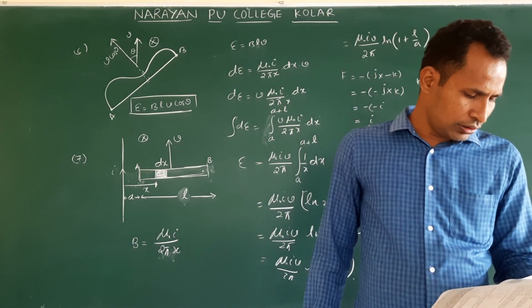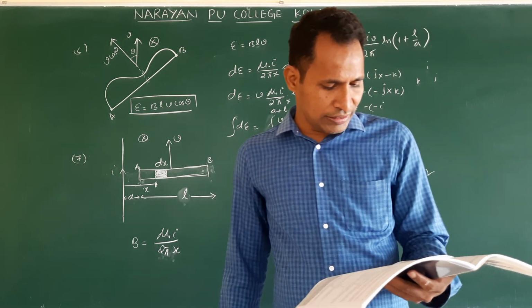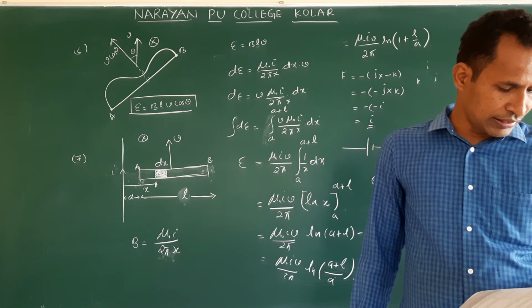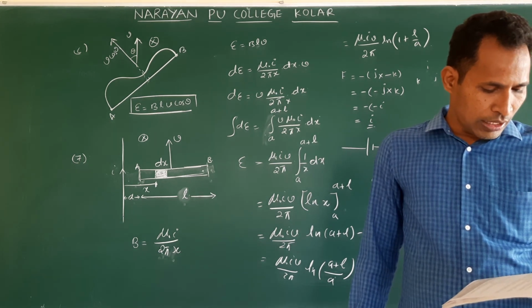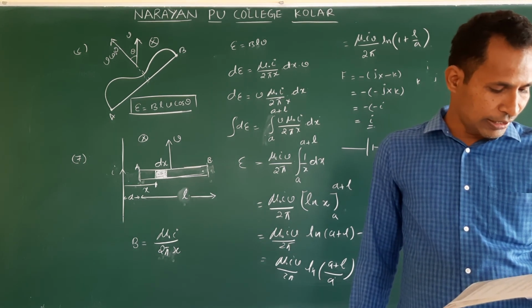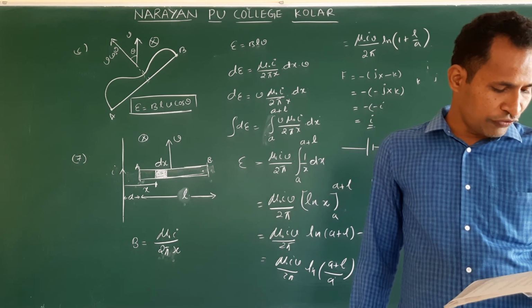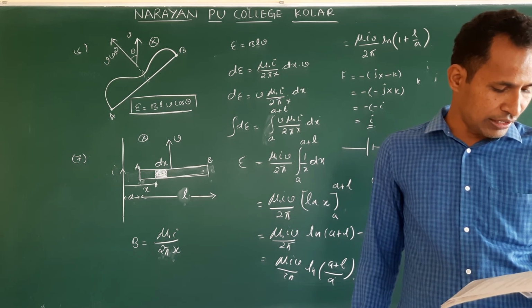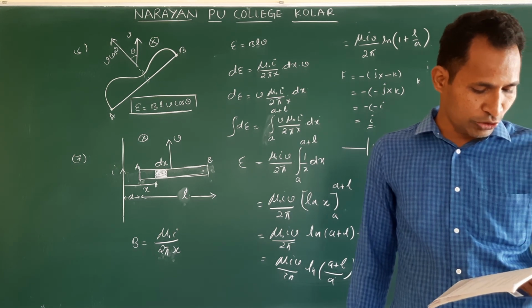Next, 15. Two rails of a railway track, insulated from each other and from the ground, are connected to a millivoltmeter. What will be the reading of the millivoltmeter when the train travels on the track with a speed of 180 km per hour?